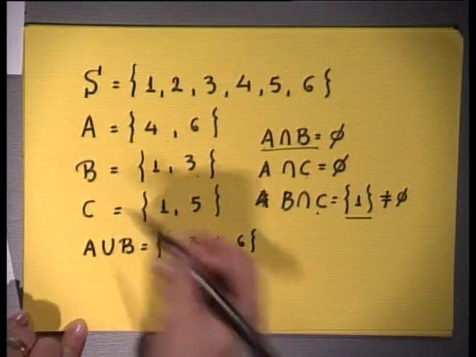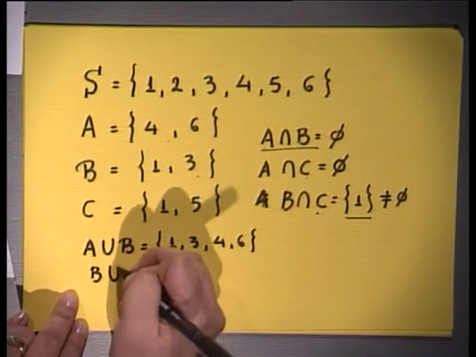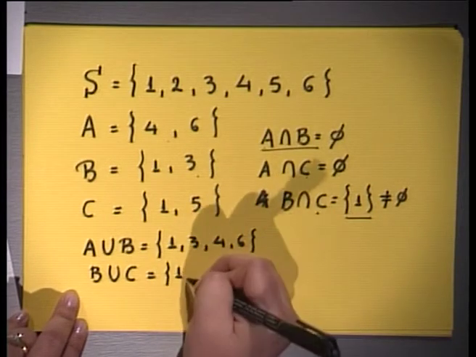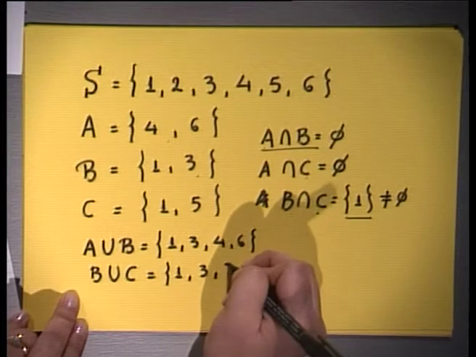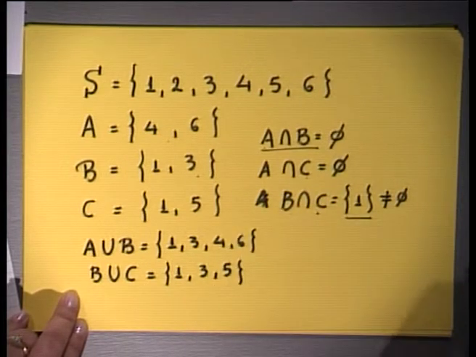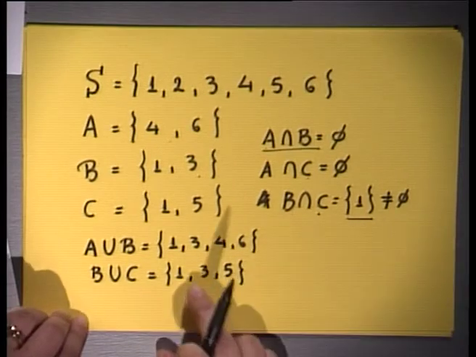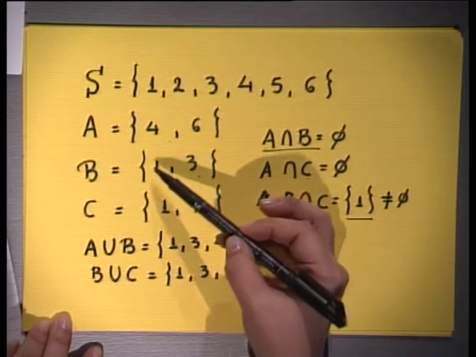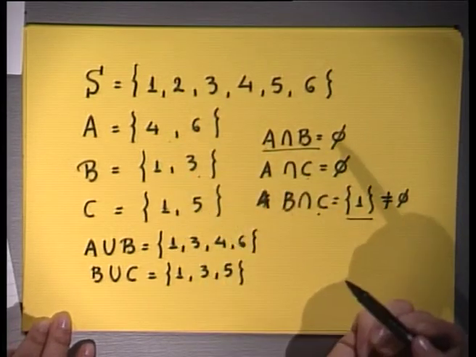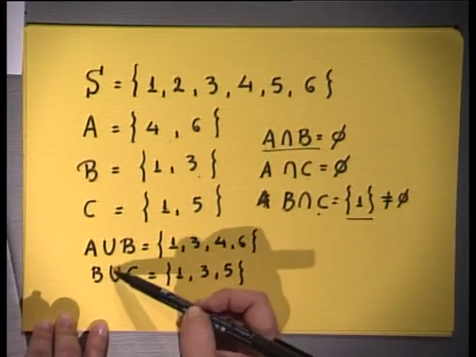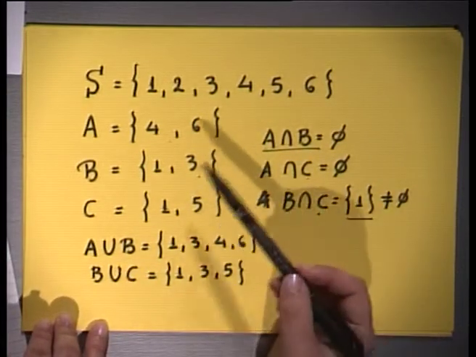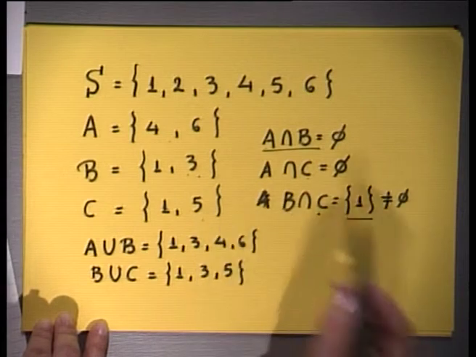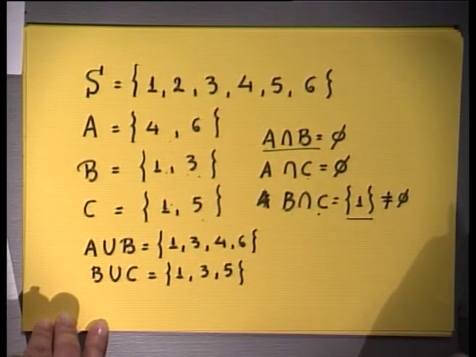The union of B and C will be the elements 1, 3, and 5. It doesn't matter that 1 belongs in B and C as well. We said that when we have the union, we have all elements that belong in B, all elements that belong in C, and also the common elements as well.